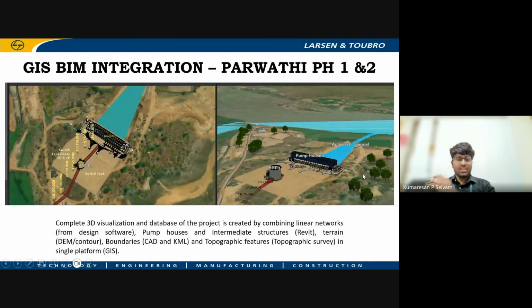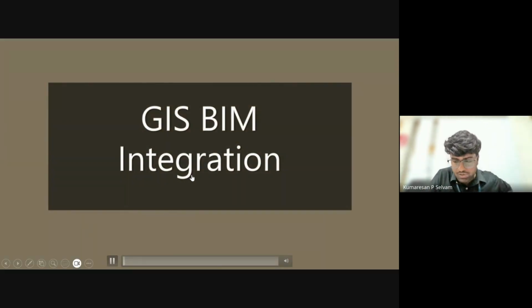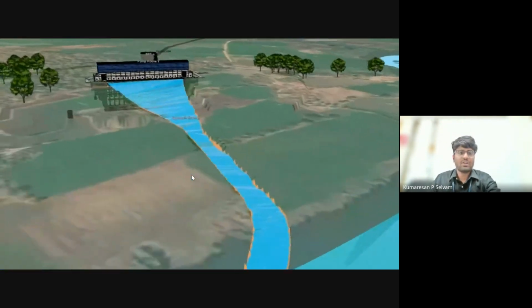And some of the case studies we will go through are some of the videos of BIM-JS integration. This is a video of Parvati, a project where we have done the BIM-JS integration.